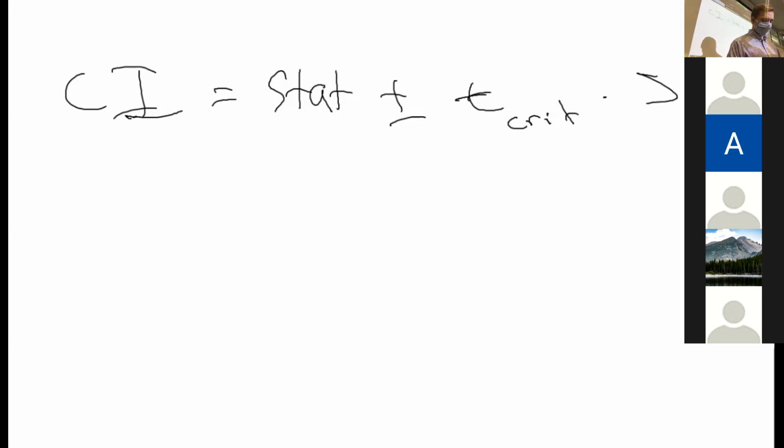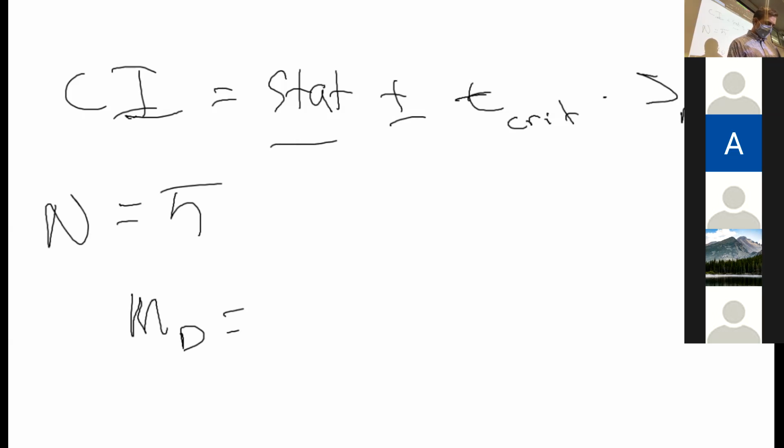And standard error depends on what you're doing. So let's just do it for a mean difference. Let's say we have a group of 5 people, so our n equals 5, and we've calculated that the mean difference is going to be 3.